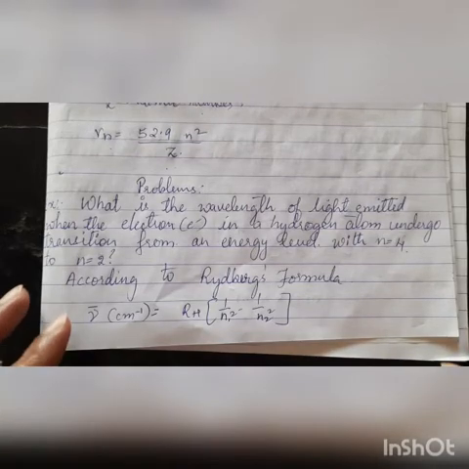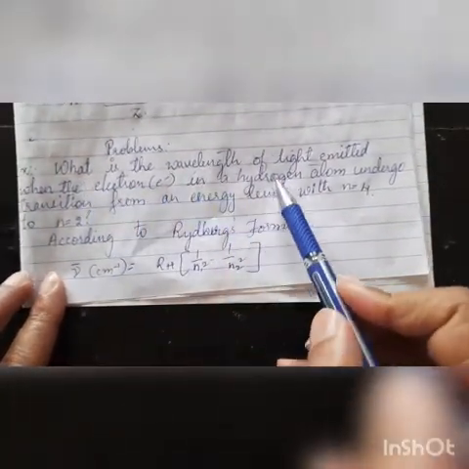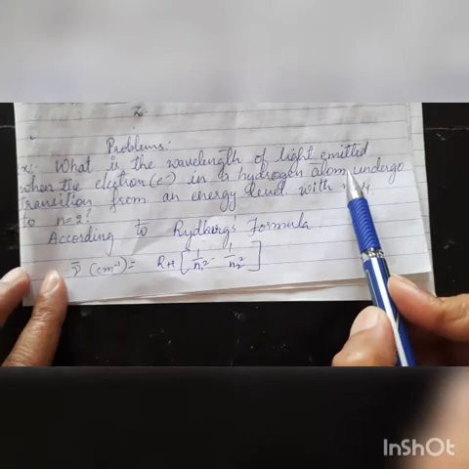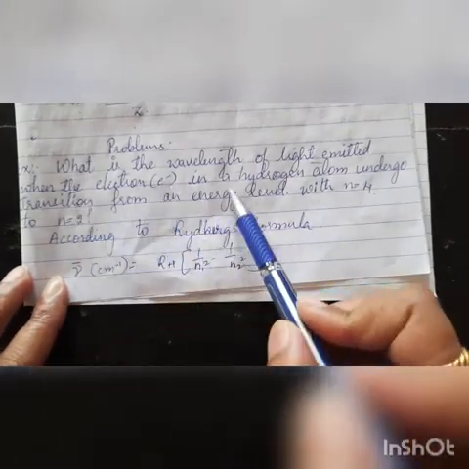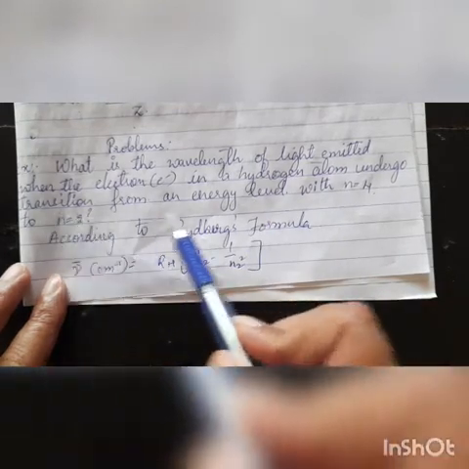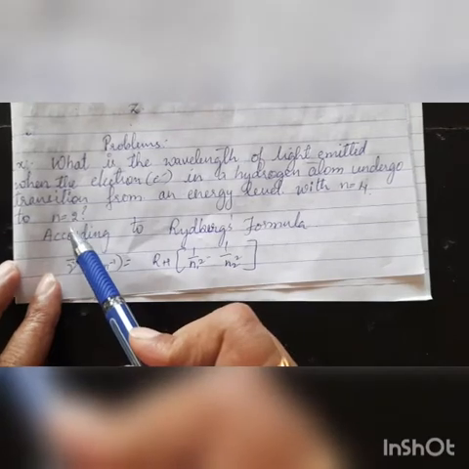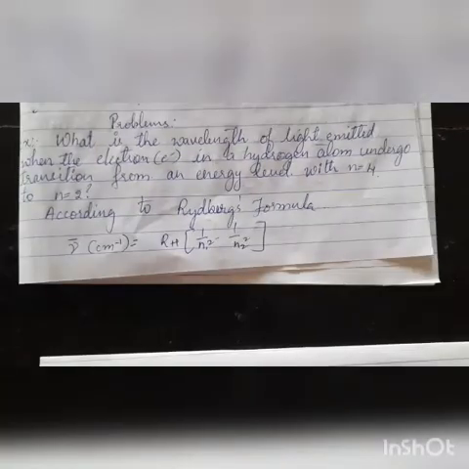So coming to the first problem: what is the wavelength of the light emitted when the electron in a hydrogen atom undergoes transition from the energy level n is equal to 4 to n is equal to 2?